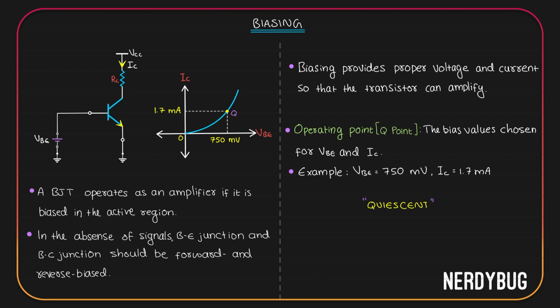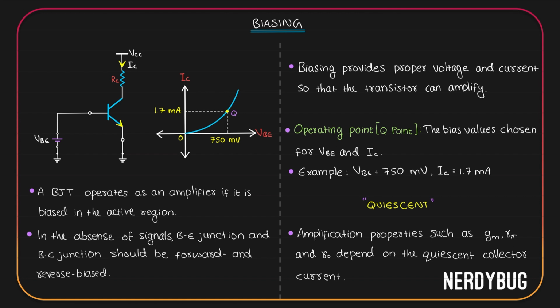The operating point is called quiescent point because we haven't applied the input yet. We are simply doing the biasing. So we can actually consider the amplifier to be inactive or at rest because it is not amplifying any signal input right now. We are just preparing it for amplification by biasing. Amplification properties like gm, r-pi and r0 will depend on the quiescent collector current.